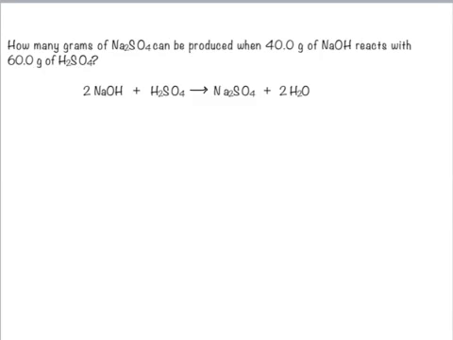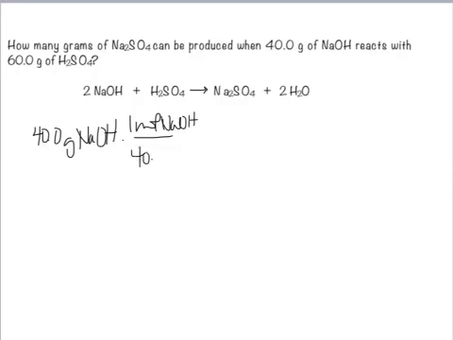Alright, this is a limiting reactant stoichiometric problem. How do I know? I have 2 starting amounts, and it wants to know the amount of product that can be produced. So I'm going to do 2 calculations and look for the smallest result. For every 1 mole of sodium hydroxide, it weighs 40 grams. Grams of sodium hydroxide go away.